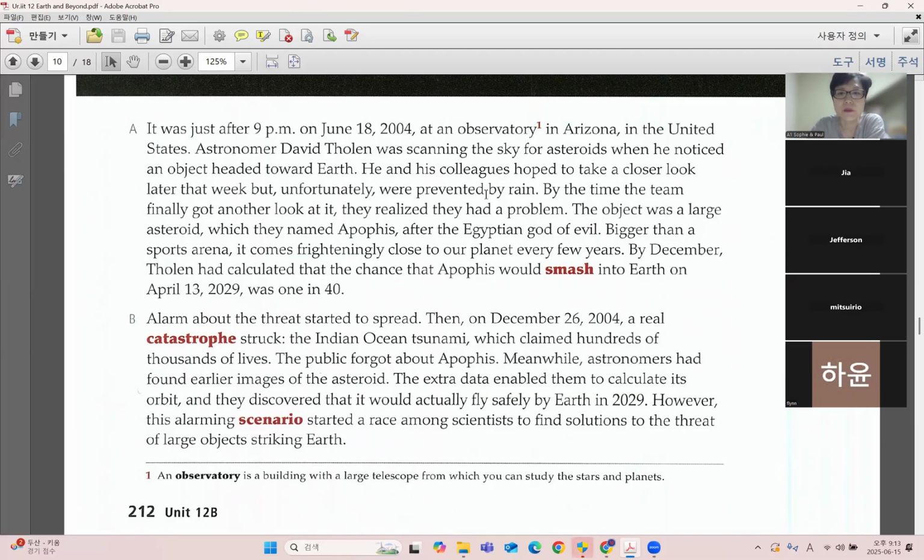At an observatory in Arizona. Arizona is one of the states in the United States. So what is the observatory? You have the meaning at the bottom. Please try to answer. What is the observatory?